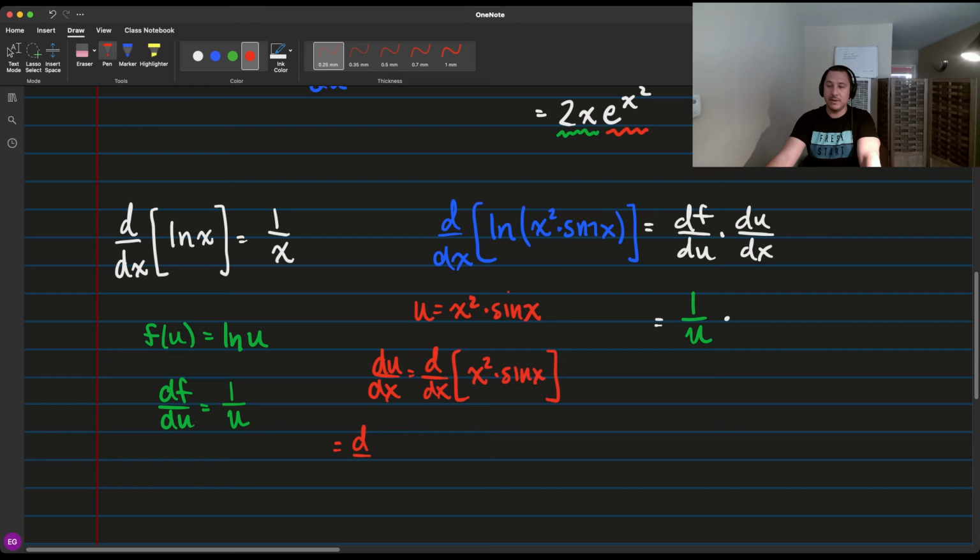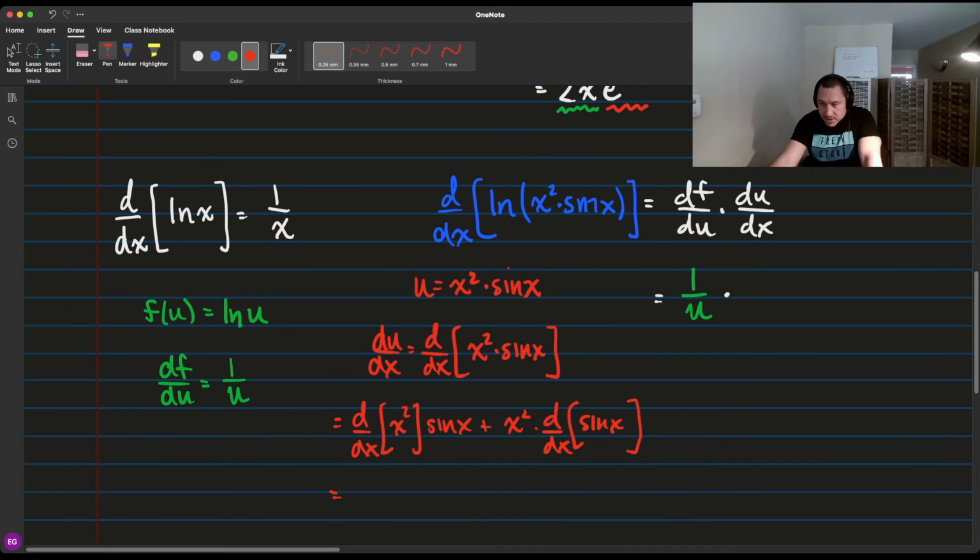So you have to do the derivative with respect to x of x squared, multiply that by sine x, and add to it x squared times the derivative of sine, which is going to be 2x sine x plus x squared times cosine x, right? Because the derivative of sine is cosine.